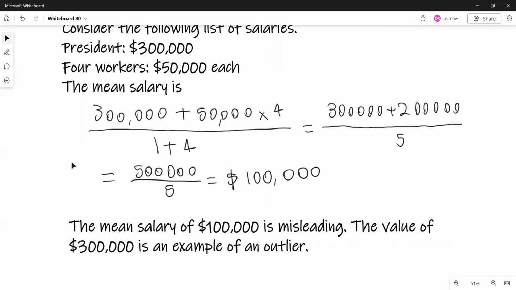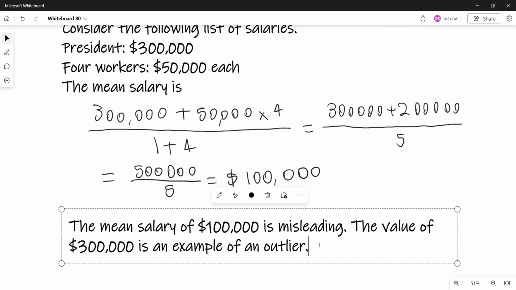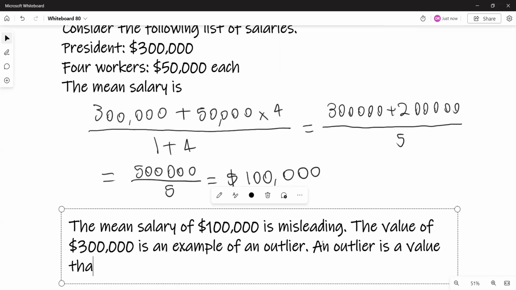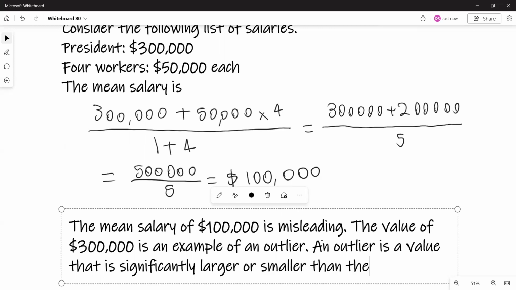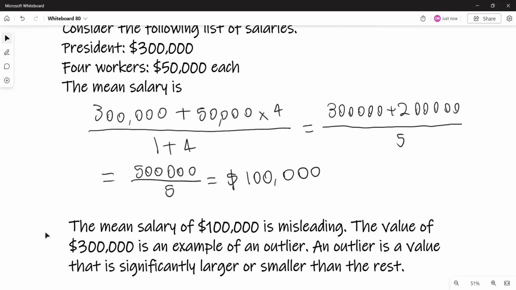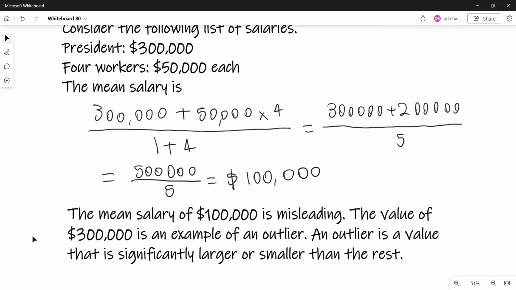If you take MS 205, you're going to see how to determine outliers. But usually an outlier is a value that is significantly larger or smaller than the rest. And in MS 205, if you take Introduction to Statistics, you'll see exactly how to determine an outlier.